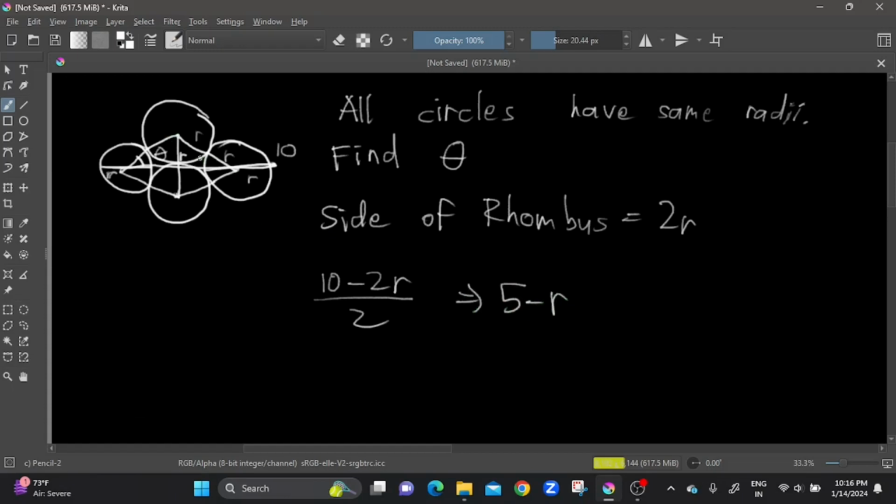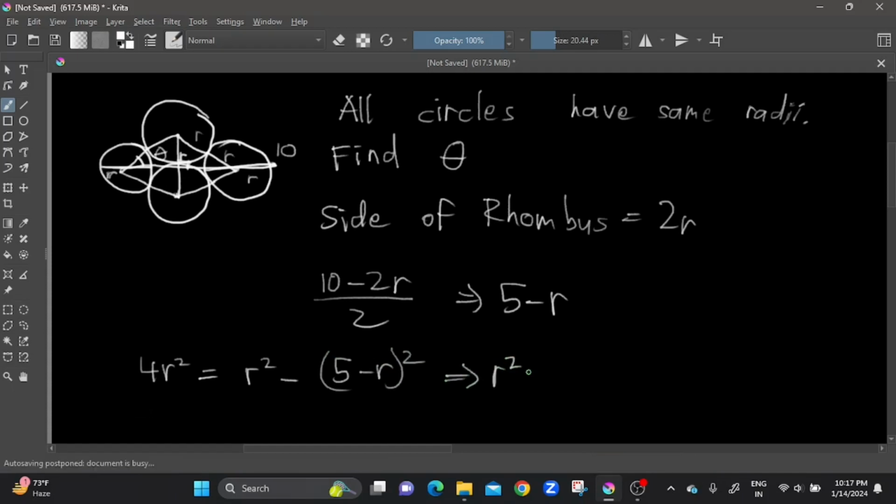So now we're going to use the Pythagorean theorem, because again, as stated, it's a right angle, right? So r, 5 minus r, 2r. So 4r squared is equal to r squared minus (5 minus r) squared, right? How we're going to take this?